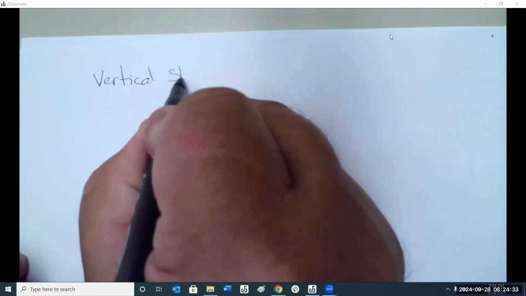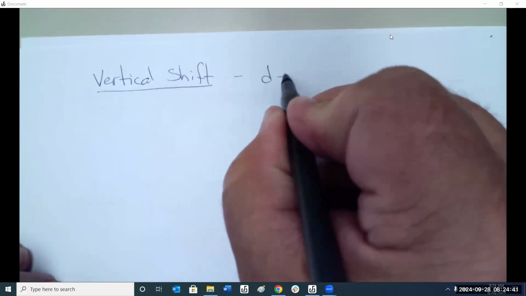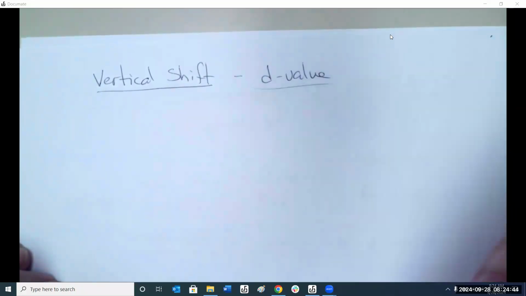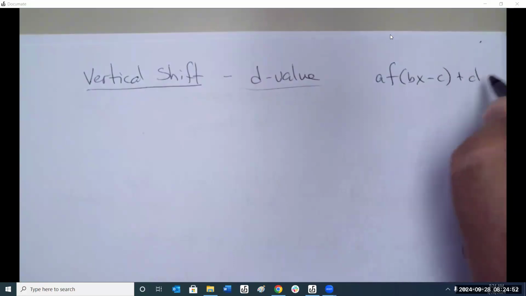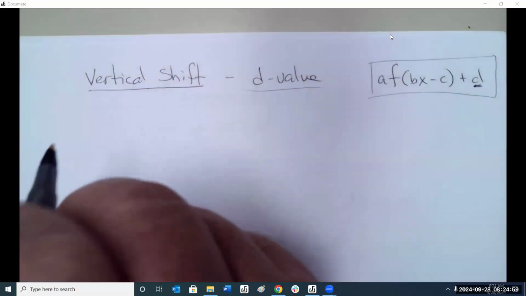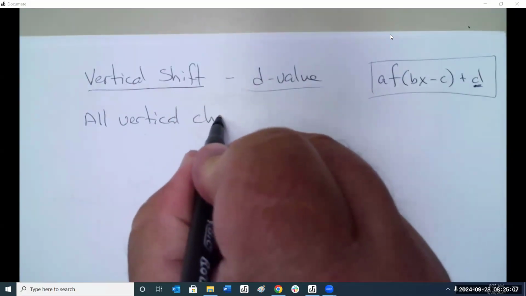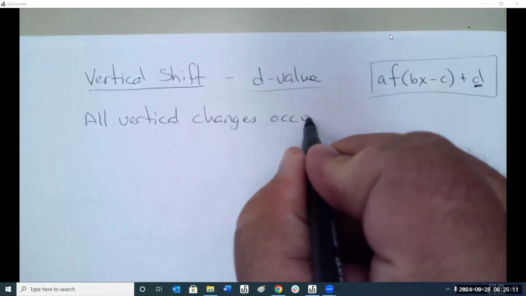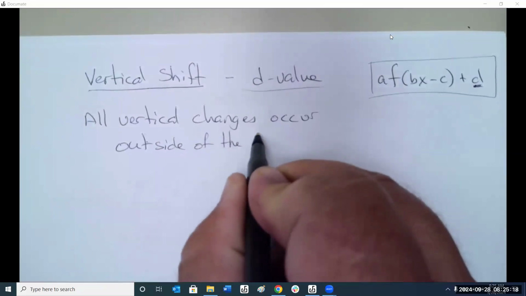Let's look at vertical shifts now. The vertical shift happens with the d value. The function a, bx minus c, plus d. This one here. All vertical changes occur outside of the function.